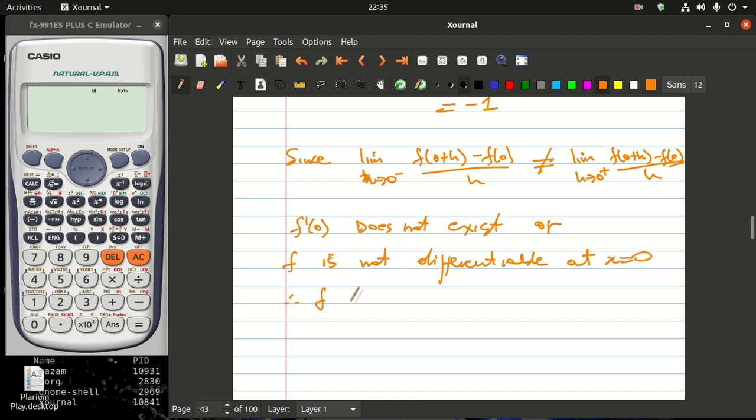Therefore, f is differentiable on the interval.